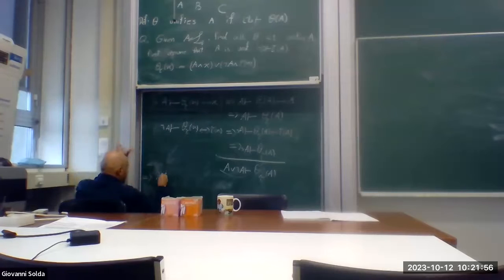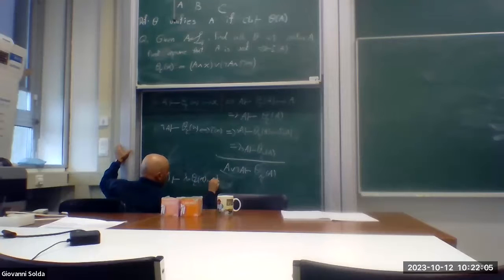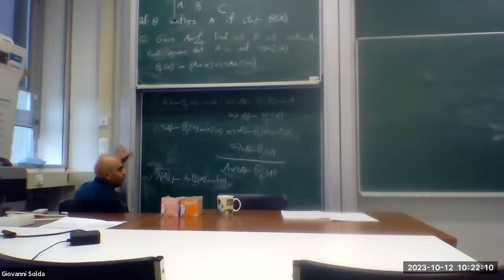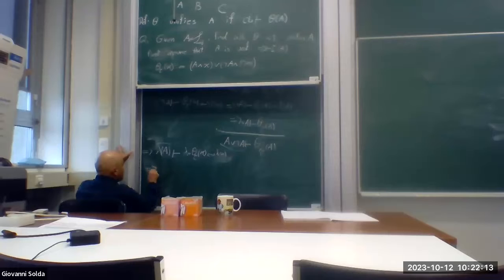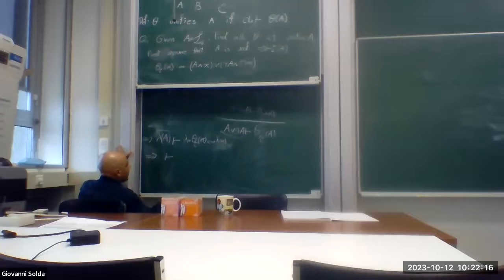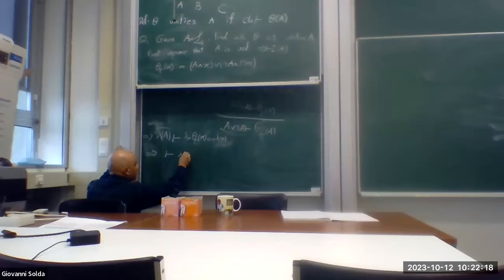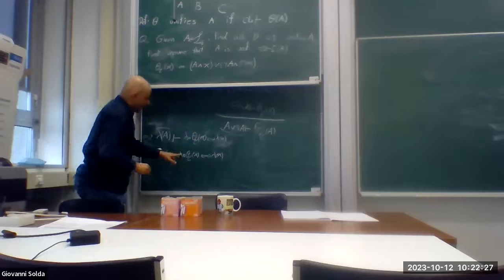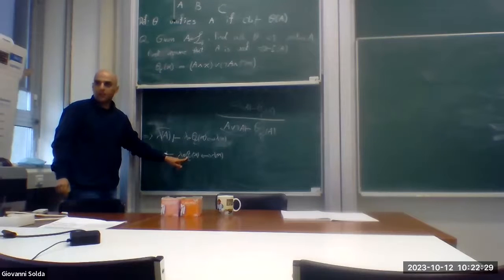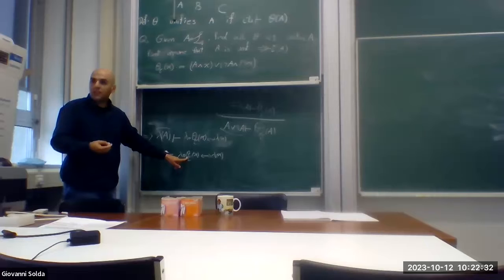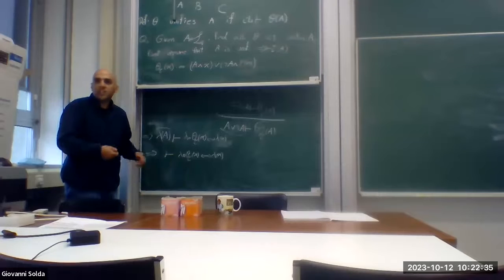Then lambda of A implies lambda of theta tau of x is equivalent to lambda of x. If we assume that lambda is a unifier of A, then we can conclude that lambda composition with theta tau is equivalent to lambda, which means that lambda is less general than theta, which means that theta tau is actually the most general unifier. It can generate all unifiers.